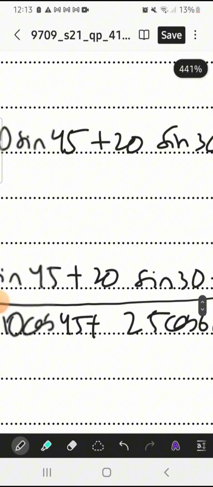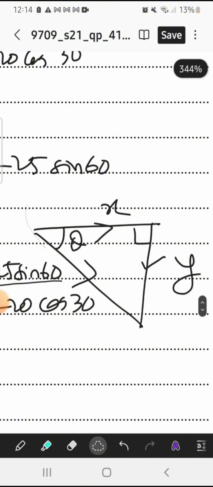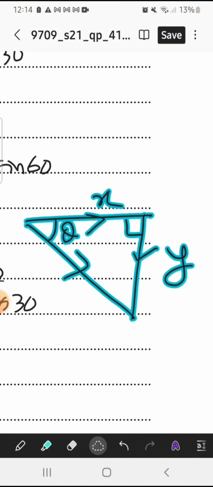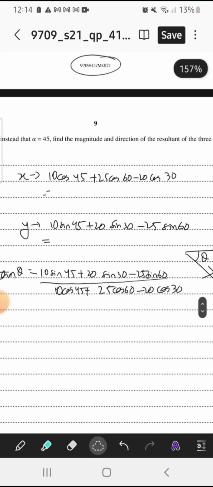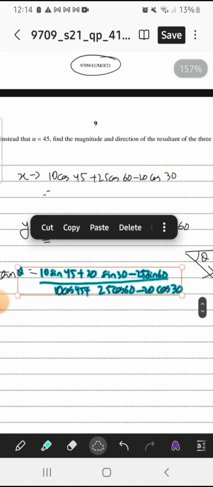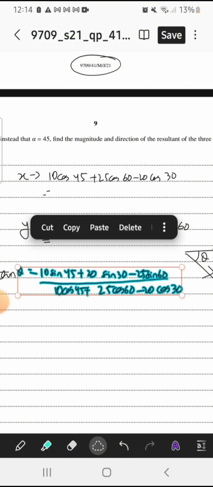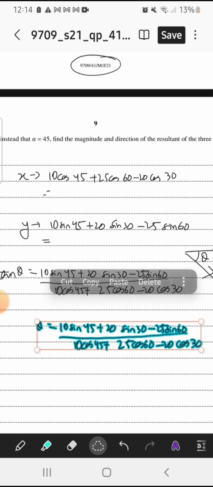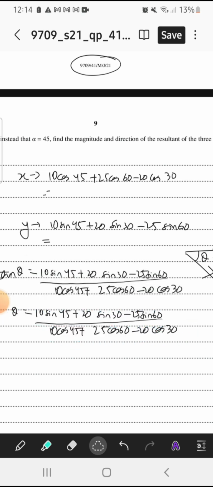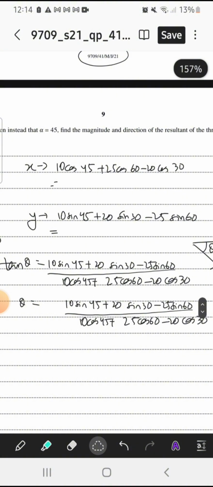So for this whole thing, I'm going to shift this a bit towards the right, copy this entire thing, and paste it here. This thing I'm going to move a bit towards the right so that I can write the tan inverse right here.